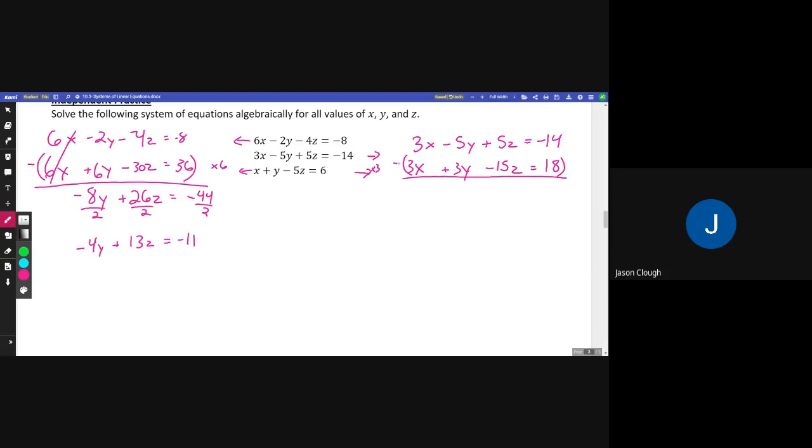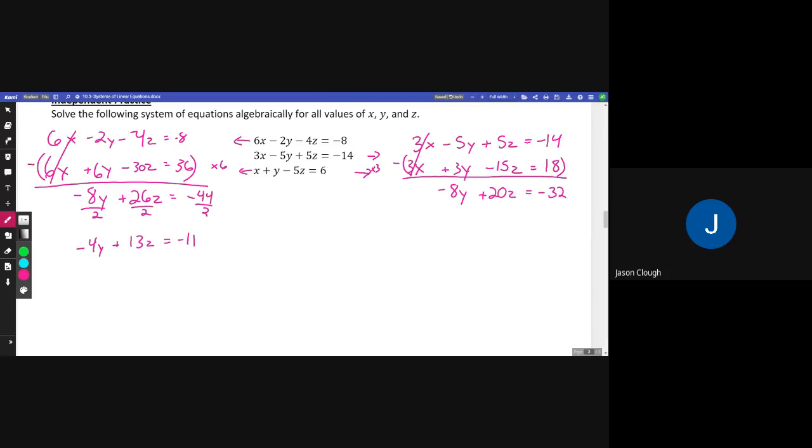Subtract the bottom from the top. 3x minus 3x cancels out. So negative 5 minus 3 is negative 8y. 5 minus negative 15 gets us plus 20z. Negative 14 minus 18 gets us negative 32.